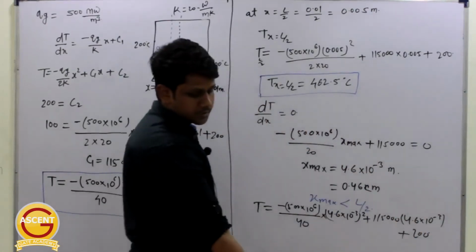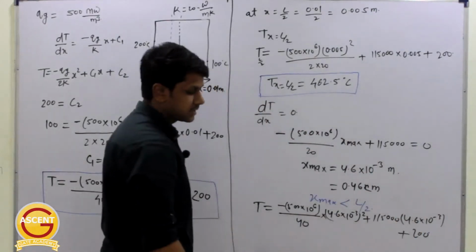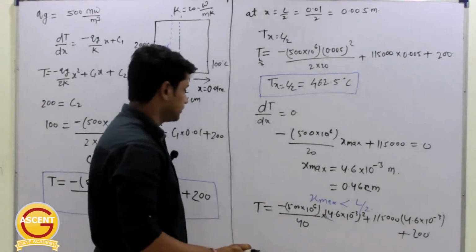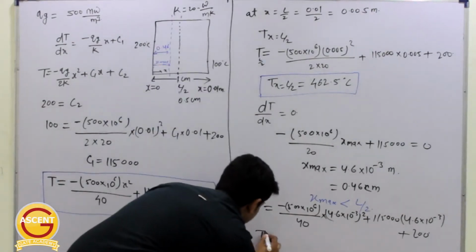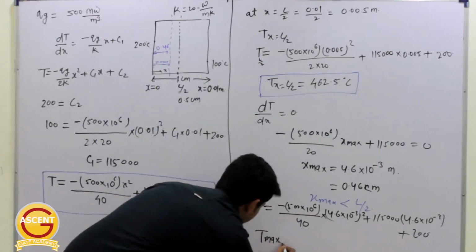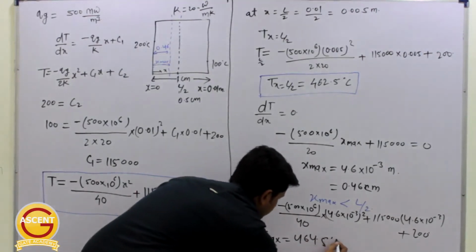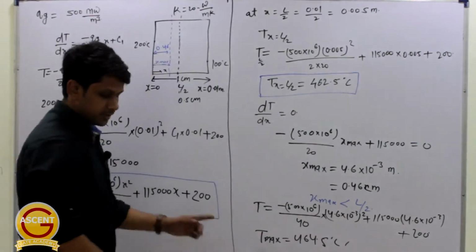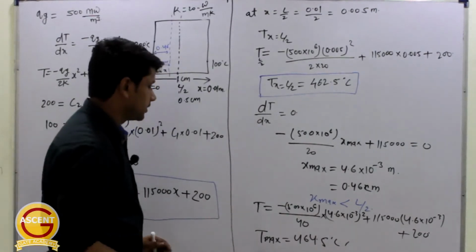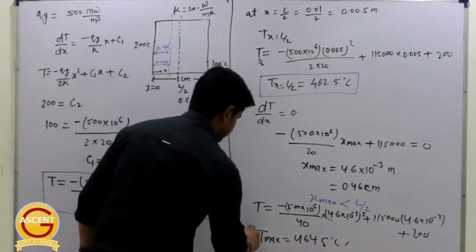Right? So when you do this, you will get this T max value as 464.5 degrees Celsius. Right? So this is the maximum temperature that will occur in this plane slab.